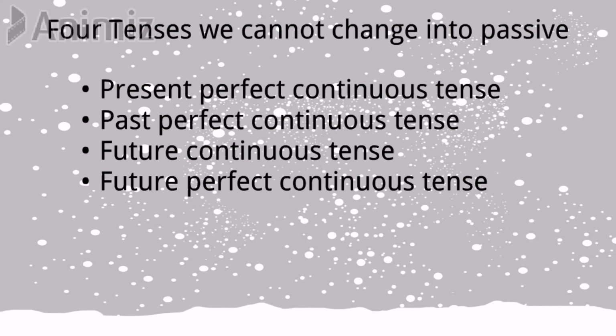So when they are in active voice, they will not be changed into passive. Now why they will not be changed? So I will try to give you the reason. The reason is that already there is a be form of verbs in these types of tenses.